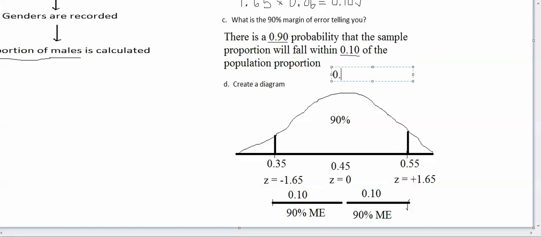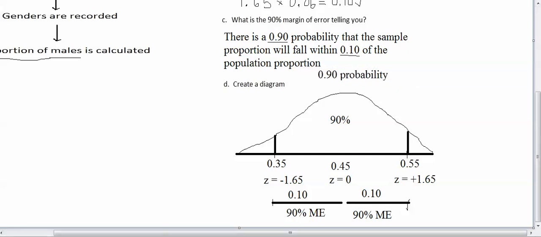So let's label that up here. There's a 0.90 probability that the proportion of males in the random sample will turn out to be a number somewhere between these two boundary points. And that finishes this question.